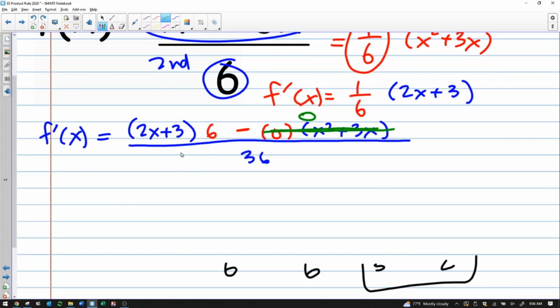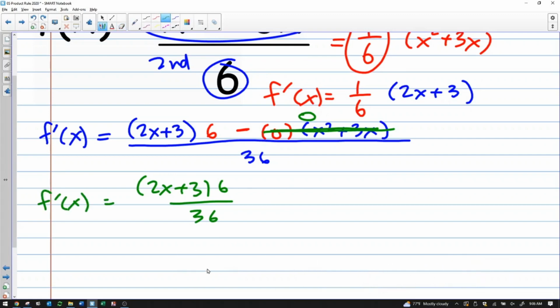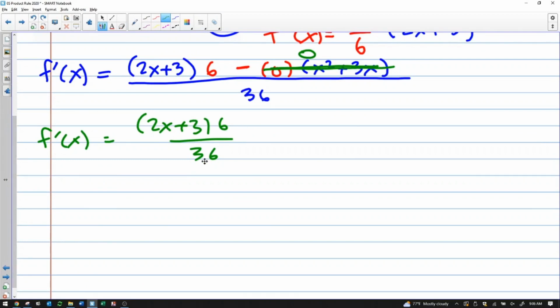So this right here becomes 2x plus 3 times 6 over 36. And this is the derivative. Do you see what simplifies here? Yeah, this simplifies 1/6. Now, had there been a plus sign here, you guys get that I couldn't simplify it. But it's because the 6 is being multiplied. It's a factor. It's being multiplied by everything else.